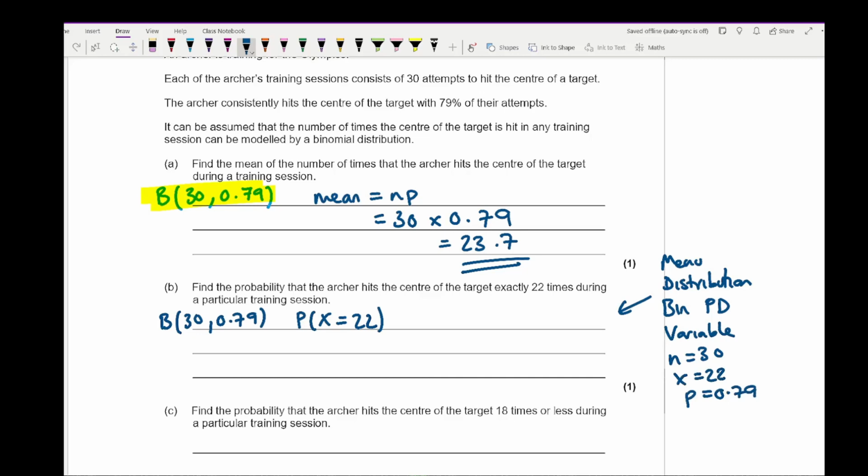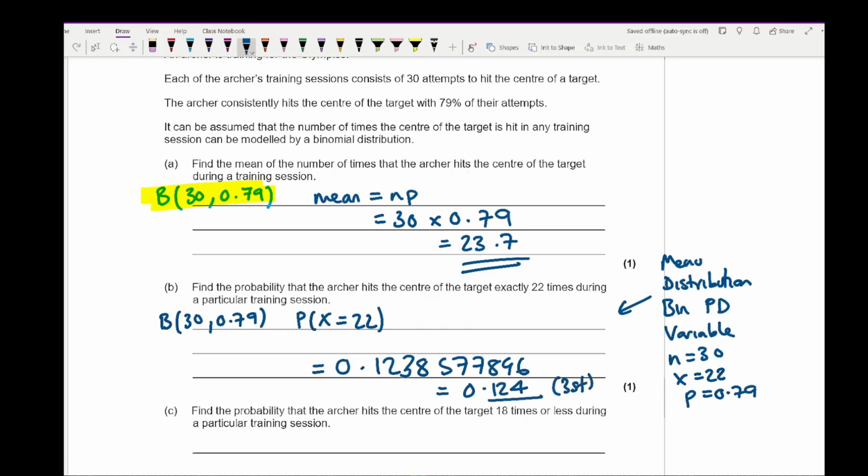If I enter those numbers in and press equals, I get an answer of 0.1238577896, which I'm just going to write down and round off to 0.124, to 3 significant figures.